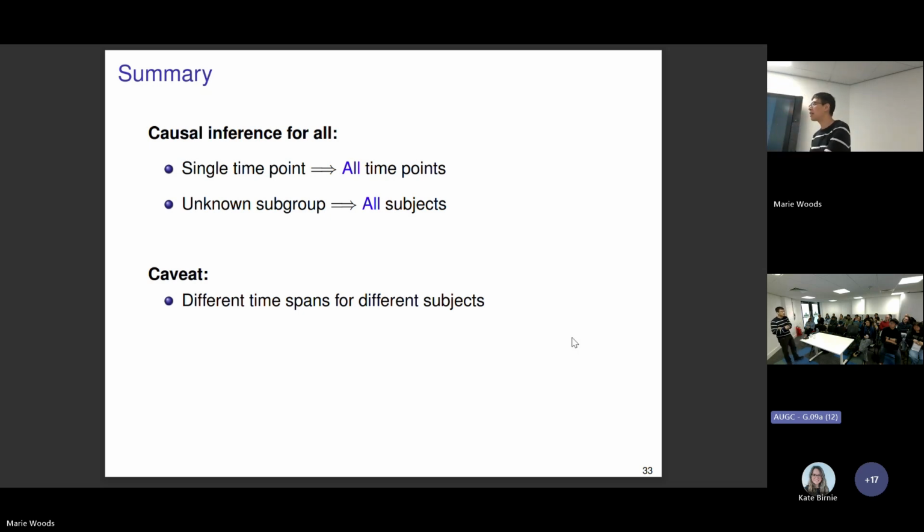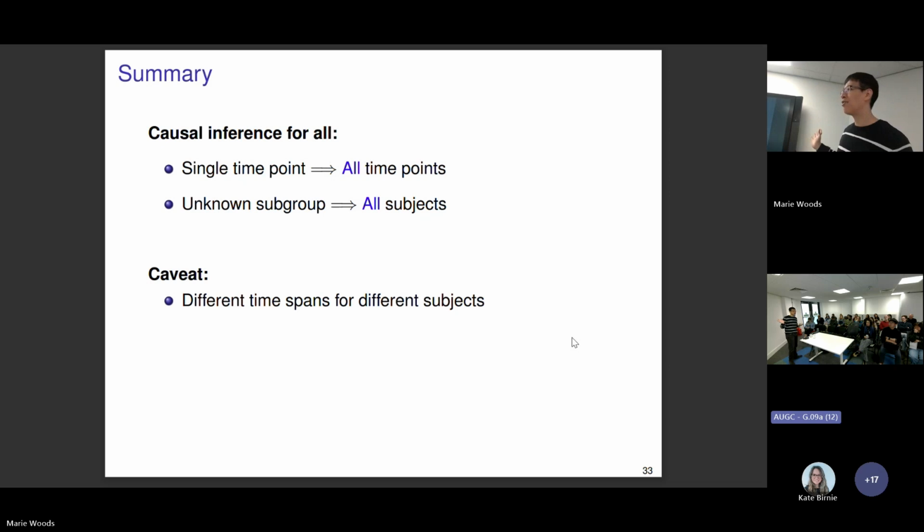Then I can tell you that in the time period where you would always survive, what's your average change in quality of life? Then in the additional time you would survive, what's your expected quality of life within that period? We can't tell you what these periods are. That's a caveat. But we can tell you that within this period, what's the quality of life?